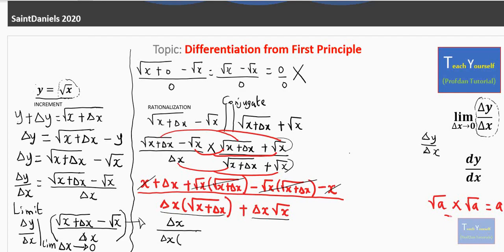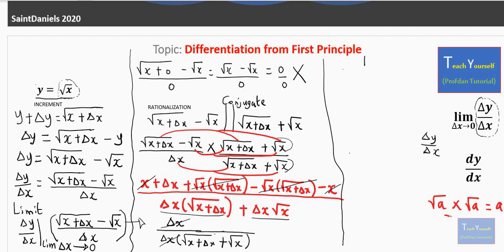So let's factorize that. Taking increment in x out, the first term will be left with root of x plus increment in x, plus increment in x factorized from the second term, we are left with root of x. Okay, and as we have this, we can see that the numerator and the denominator have something common which can cancel out.